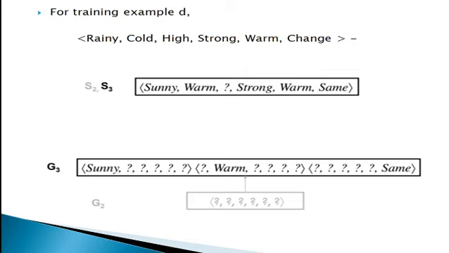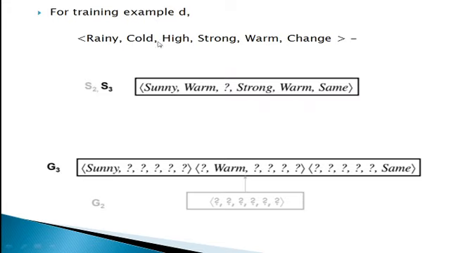Now consider the third training example, which is shown in this particular figure. The third training example is rainy, cold, high, strong, warm, and change. As you can see, this training example is a negative example, right?